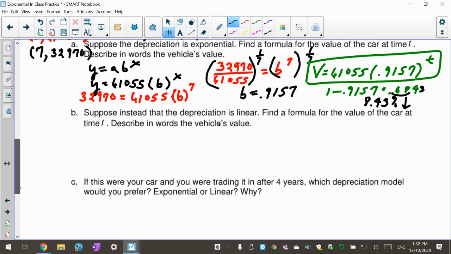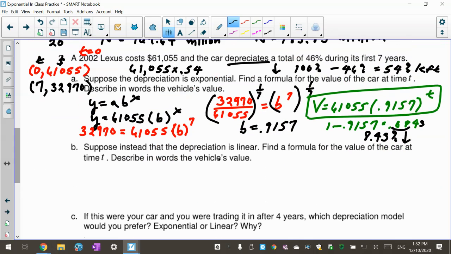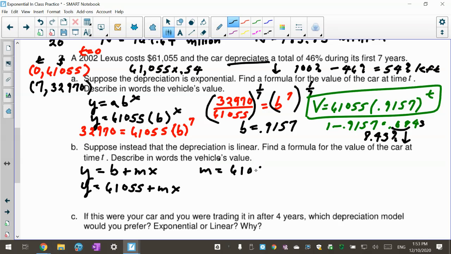Okay? Now let's say our depreciation's linear. So I say y equals b plus mx. The nice thing, I go back to my original data points, it's still 61,000. So this makes it really nice for the math, but I'm going to tell you, it isn't always like that. Now I have to do my slope, and my slope is going to be my change in y. So I'm going to do 61,055 minus 32,970 divided by, okay, I've got to do top down, 0 minus 7.